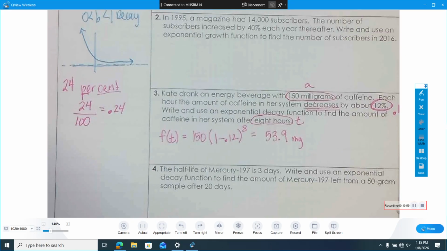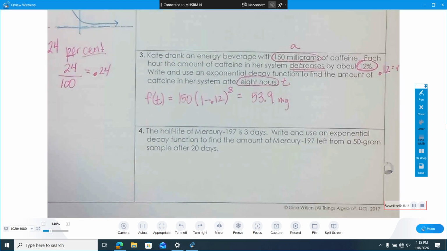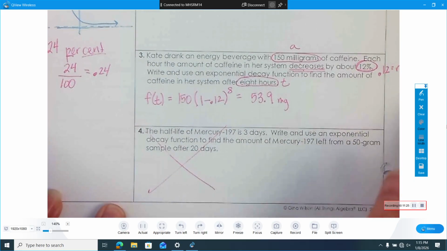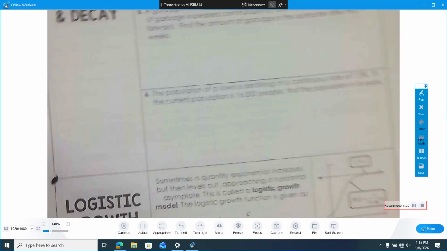About 20 minutes. This is interesting. I feel like I had it during lunch. I don't do half-life this way. That's a real interesting thing she didn't introduce. We're going to skip that one.